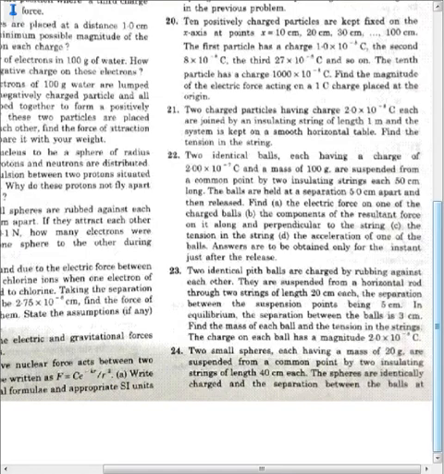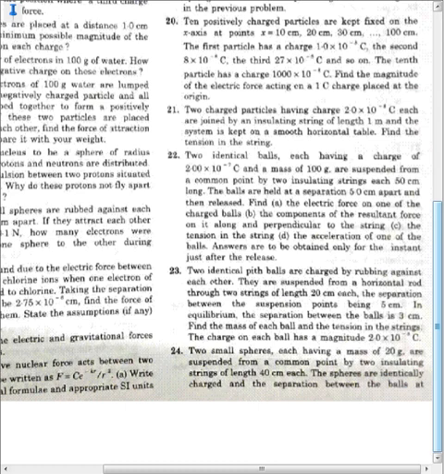In the next bit, however, we have a question related to the equilibrium condition, the 23rd question, where two identical pith balls are charged by rubbing against each other, and they are suspended from a horizontal rod through two strings of length 20 centimeters each, and the separation between the suspension points is 5 centimeters.